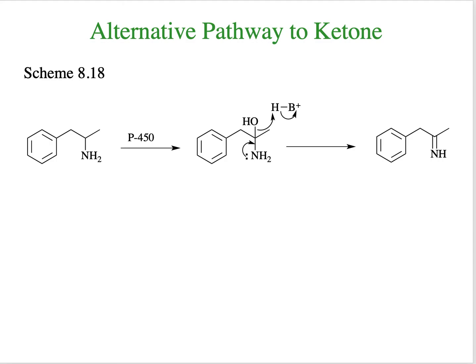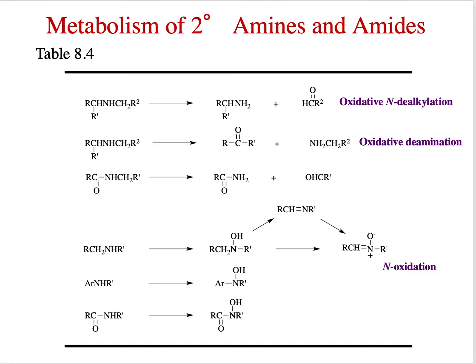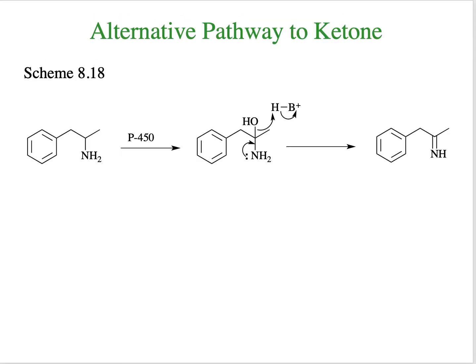Okay, so here's an alternative pathway that you can get to a ketone through this oxidation. It's kind of a mechanistic point, right? You can obviously turn that into a ketone there.